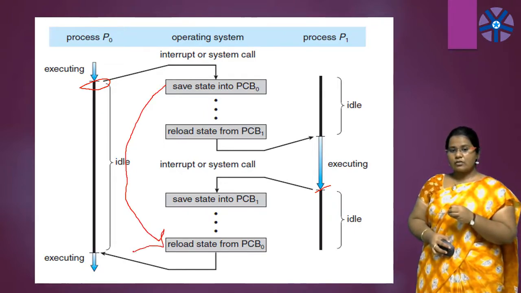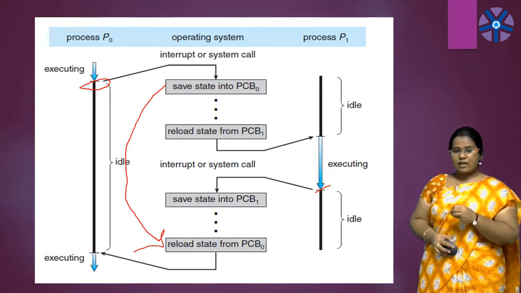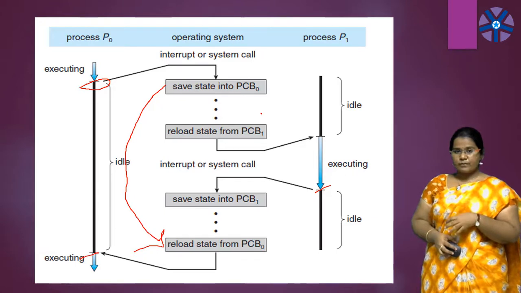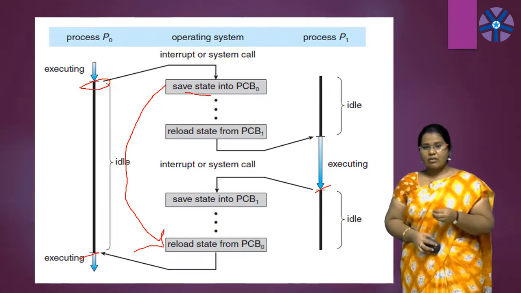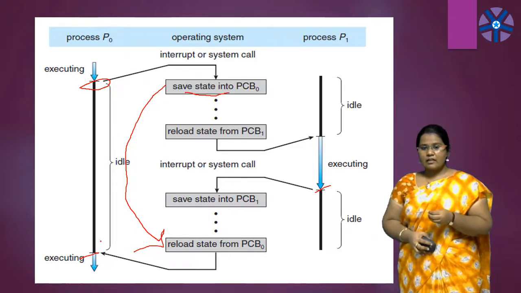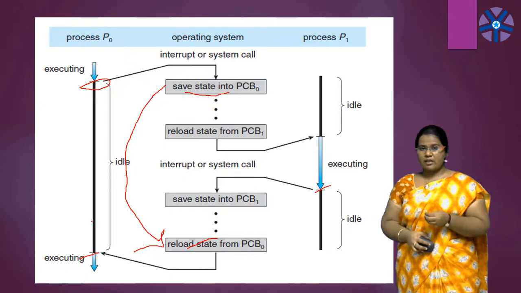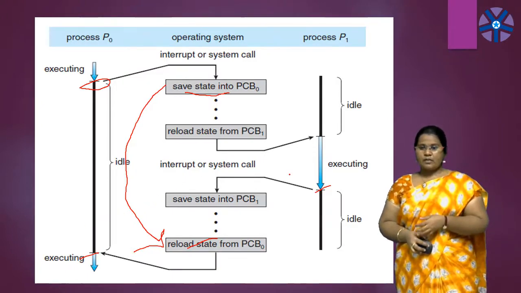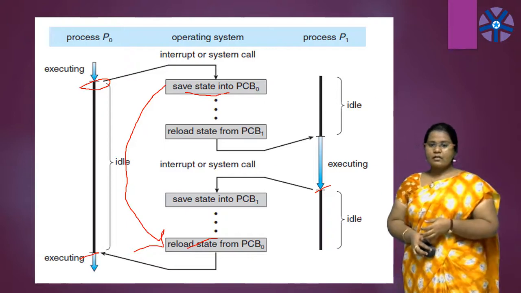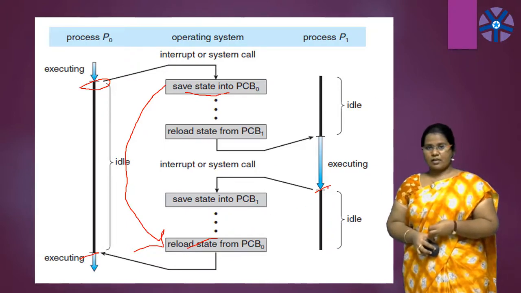After restoring, the process P0 will start its execution. So this saving of the data and then restoring the same data when the process is executed again is known as the context switch.